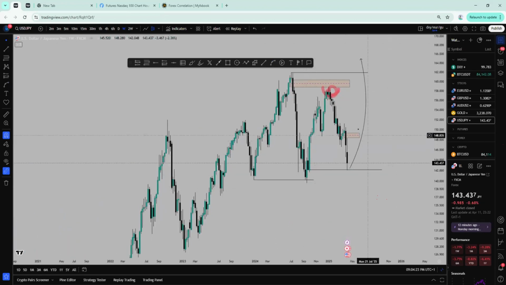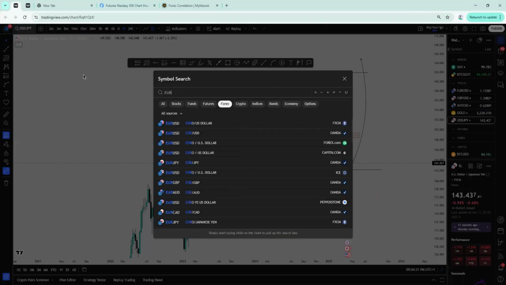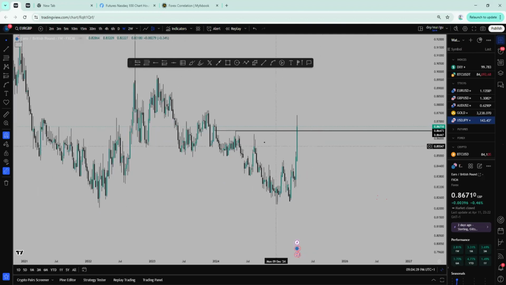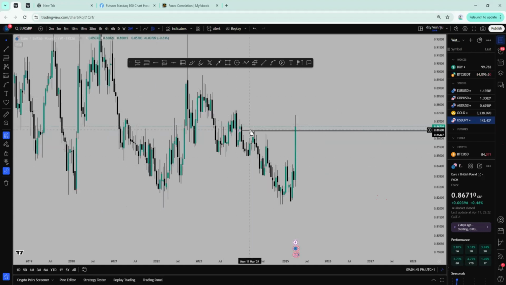I don't know which pair I haven't checked yet. Someone said Euro GBP, which I said is the FTMO. All right, Euro GBP. I think we talked about this pair last week, and it's playing out so nicely. I don't know, this was a fair value gap I spotted somewhere.